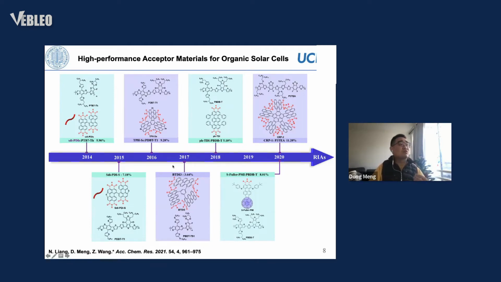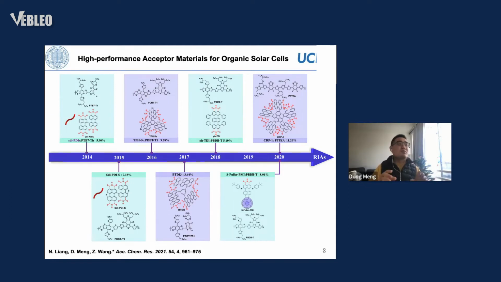From 2016, we realized that fused rings may have better mobility than single links. But fused rings also have more aggregation, because they are more planar.